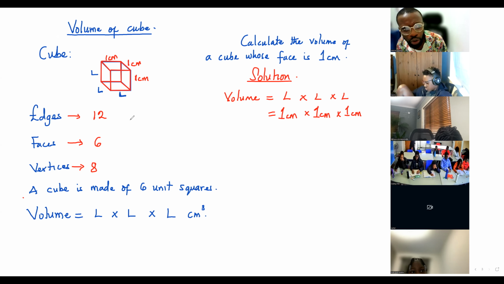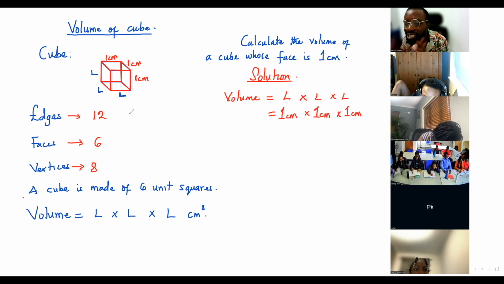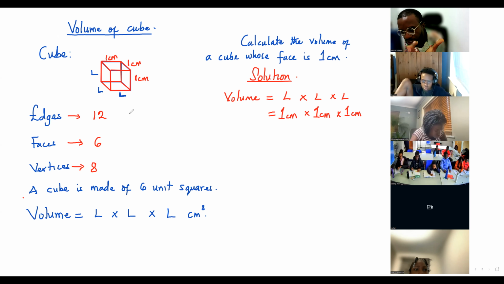If a cube is facing you, you can only see 3 sides, and those 3 sides are the same for every other side. Does that make sense?